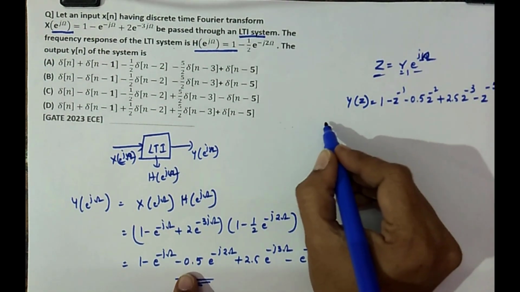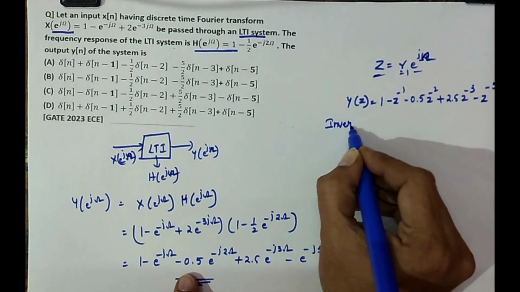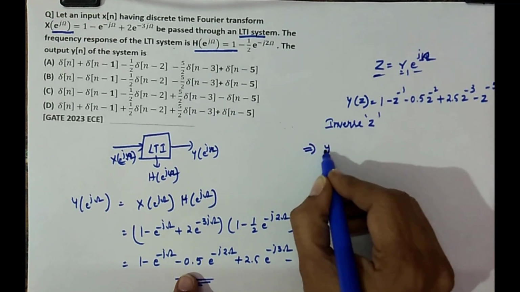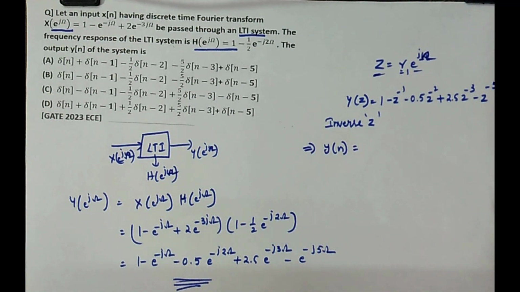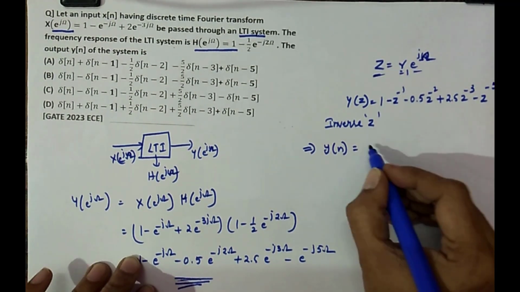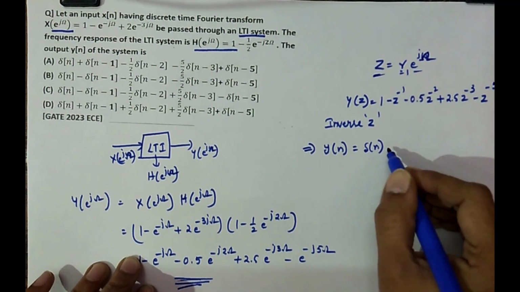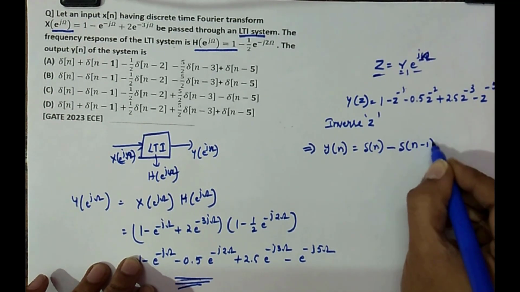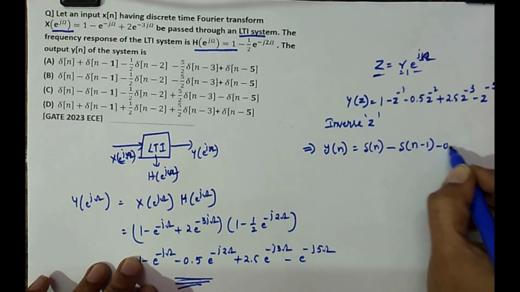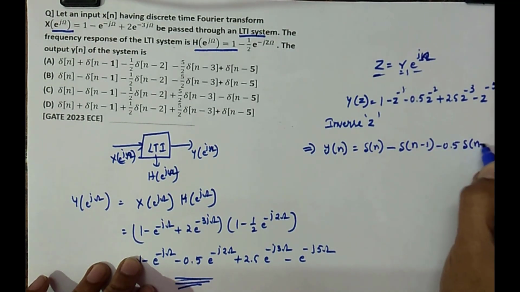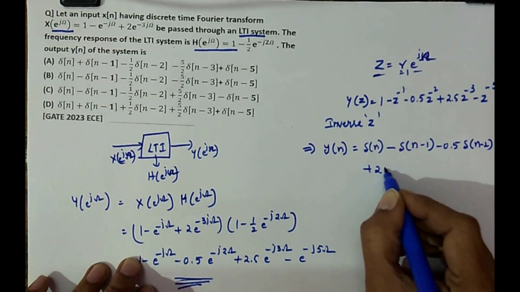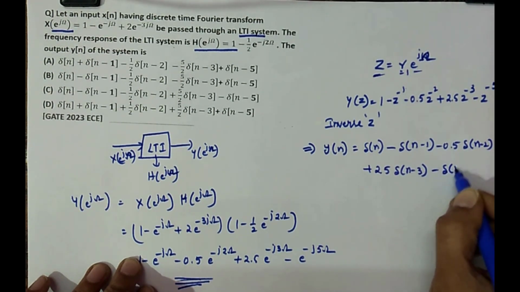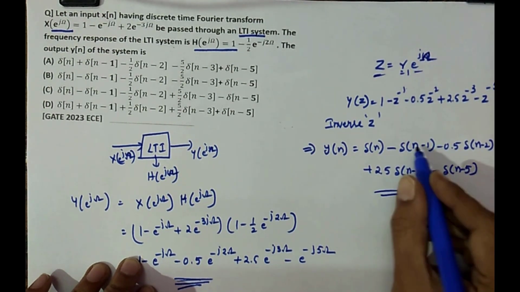So now apply inverse z. You will get y of n equal to, for 1 the inverse z transform is delta of n, and next for z power minus 1 it is delta of n minus 1, and next minus 0.5 delta of n minus 2 plus 2.5 delta of n minus 3 minus delta of n minus 5. So this is your y of n.